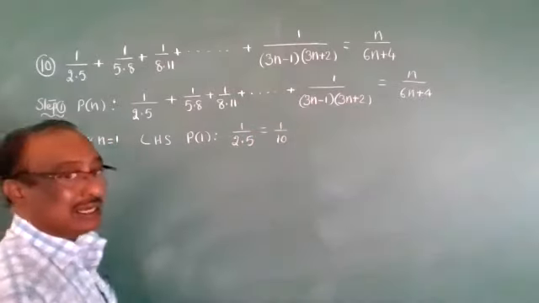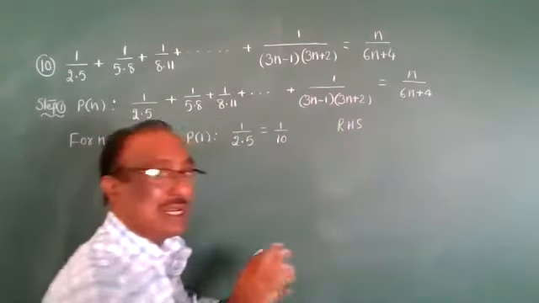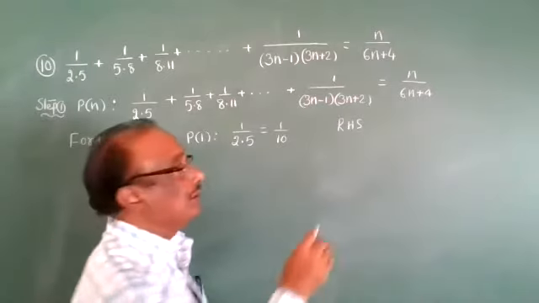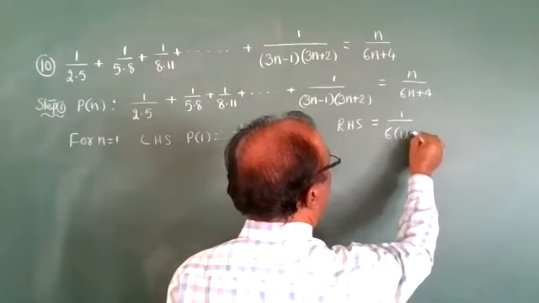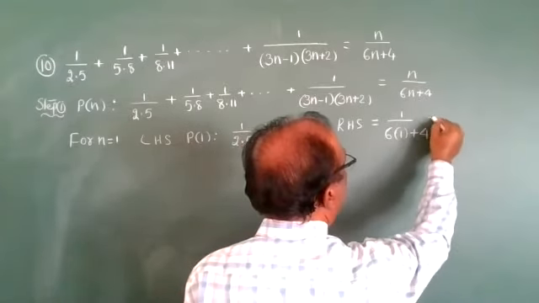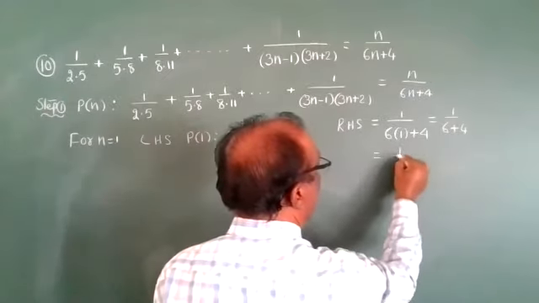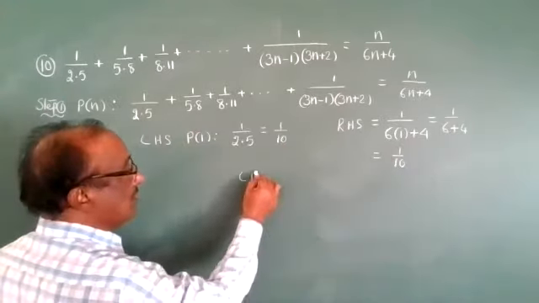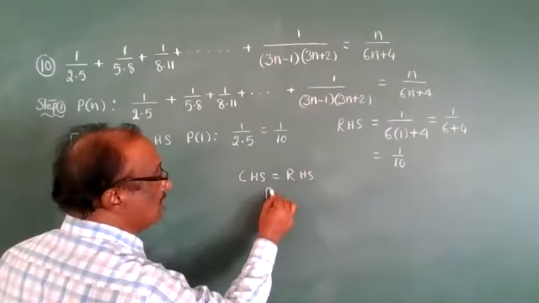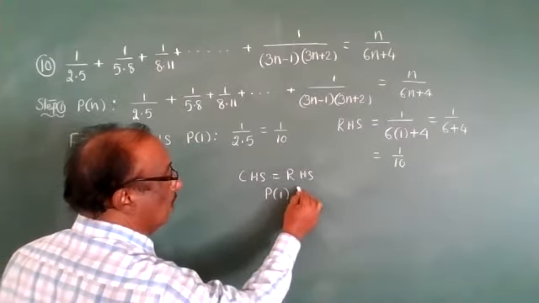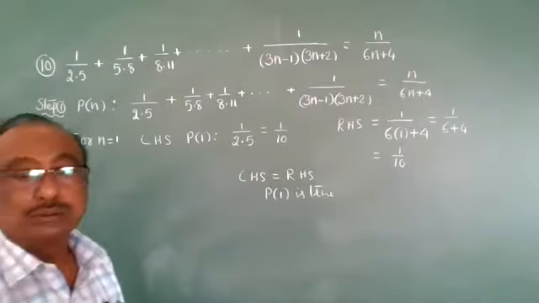We check the right hand side: n value is 1, so 1 by 6 into 1 plus 4, which is 1 by 10. LHS value is equal to RHS value. Principle of one number is true.